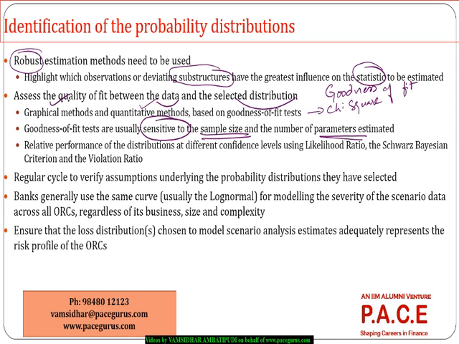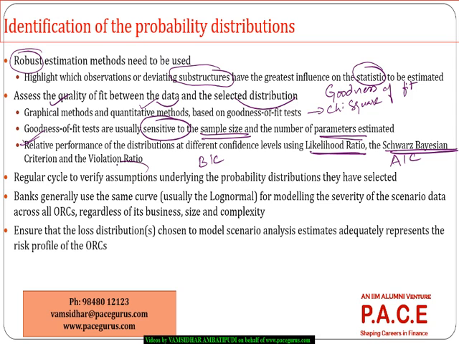So that's where we can even rely on the relative performance of the distribution. We can use the likelihood ratio test, the Akaike information criterion, or the Schwarz Bayesian information criterion, BIC or AIC. Any of these mechanisms can very well be used to assess the relative performance of the distribution.